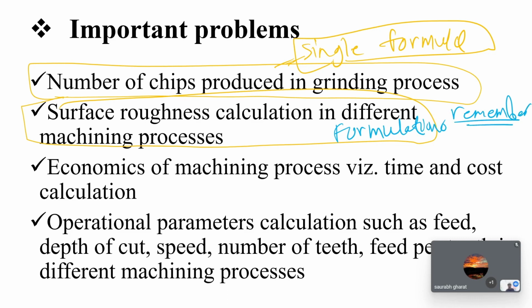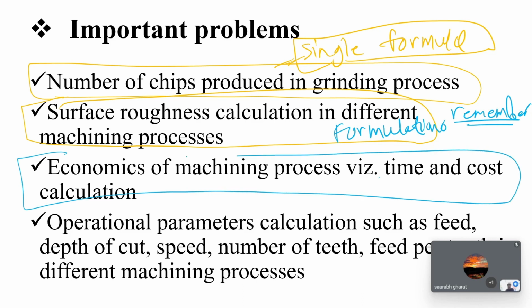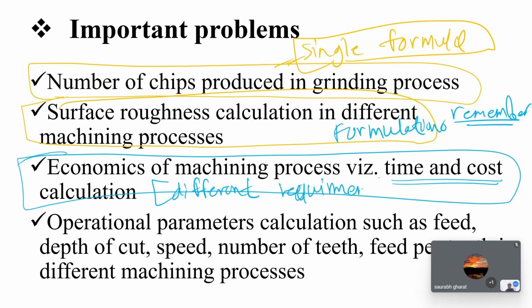Economics of machining. I told you about time and cost calculations, I told you in that part also, and here also you should know everything. Time and cost for different needs, how it is actually happening.